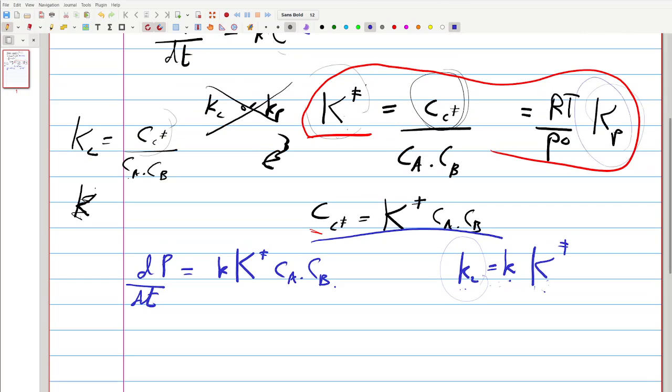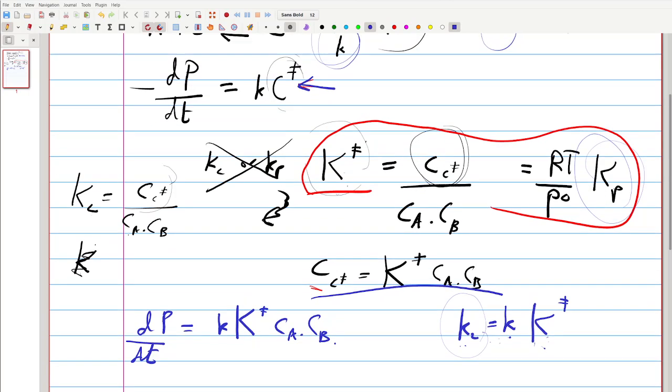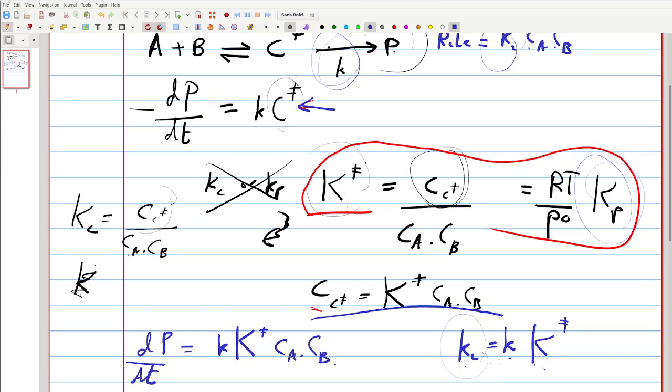Kp is a bulk property, it's a thermodynamic term. When we're developing these kinetic models, we think about the individual collision event, not the bulk reaction. We are developing this model by looking at the individual single reaction, not the bulk. But Kp is a thermodynamic term, and thermodynamic terms are by concept bulk properties.